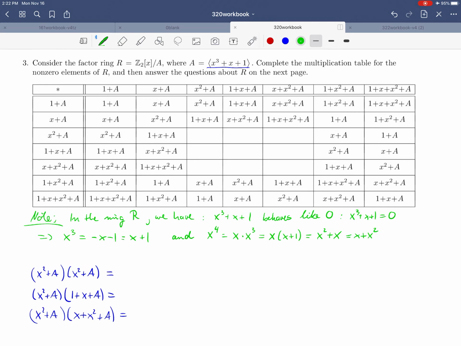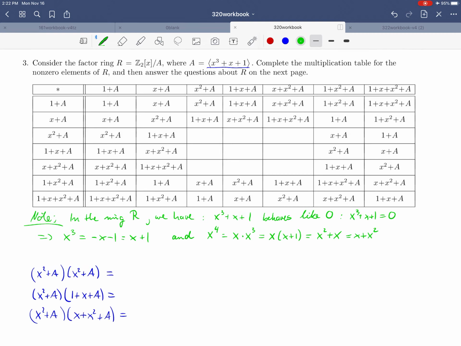You can imagine that any power higher than an x squared term we can somehow replace. An x cubed we can replace with x plus 1, x to the 4th we can replace with x plus x squared, and we can use that to reduce any polynomial to something that is just quadratic. Okay, so this is very useful.